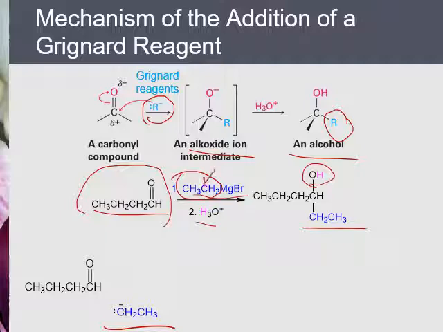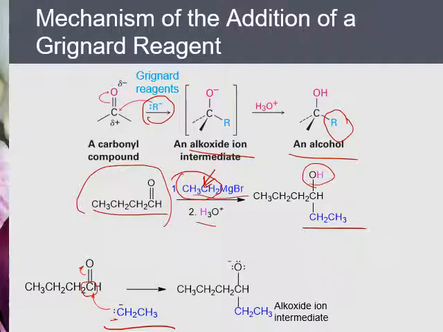It's this carbon that connects to magnesium and has a lone pair of electrons with a negative charge. Draw this carbanion and show the lone pair going to the carbonyl carbon, forming a carbon-carbon bond. Then another arrow shows the pi bond breaking and going to the oxygen, and that is the alkoxide intermediate.